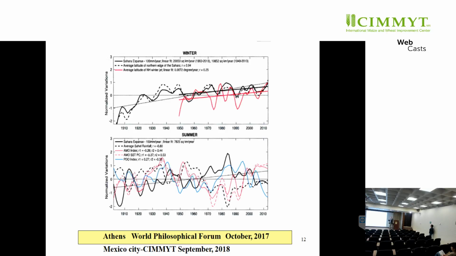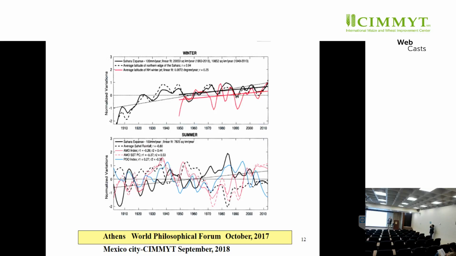Well, I'm not a climatologist, but what I learned in the article, which is 25 pages, by the way, is that the climate of the Sahara is determined by 3 factors.